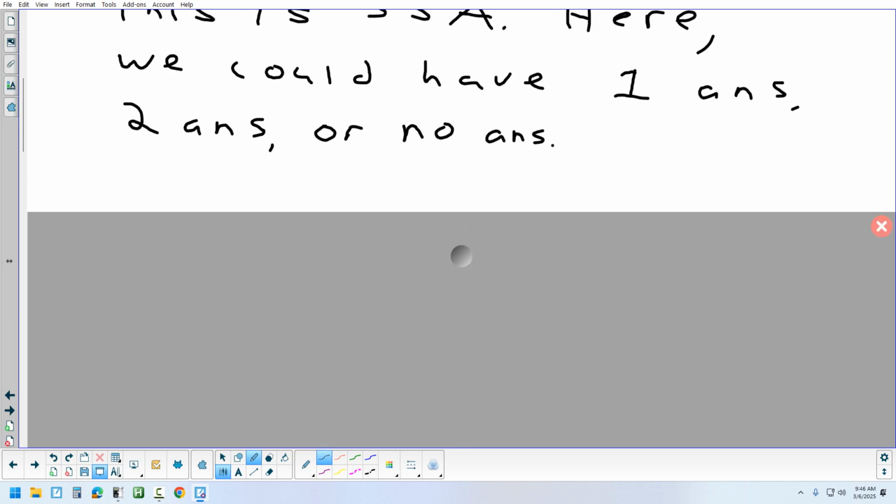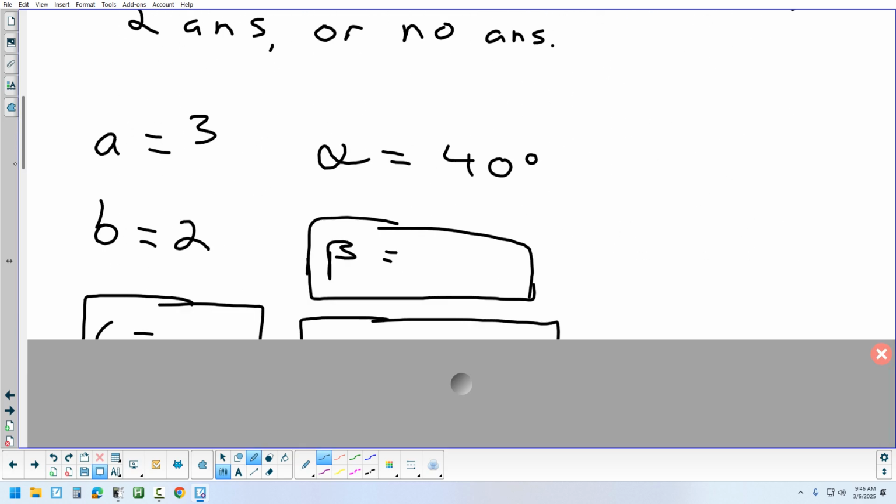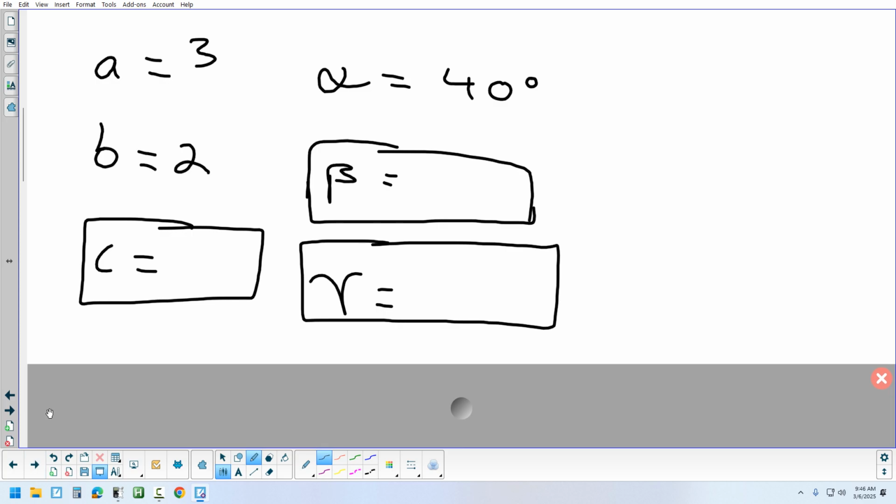Let's make our table. And in side side angle, you are very restricted. You cannot do what you want first. You always have to find something first. What is it that you are forced to find first here? Beta. Why not C or gamma?